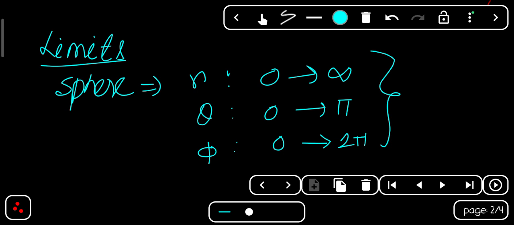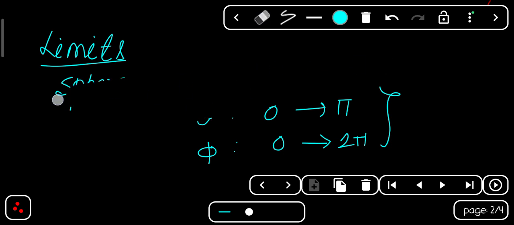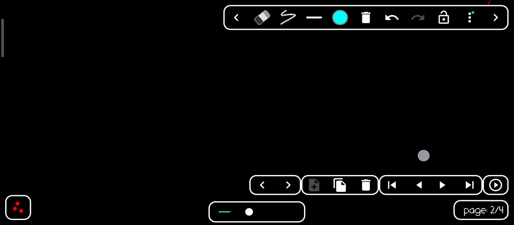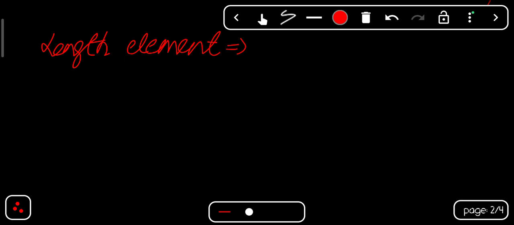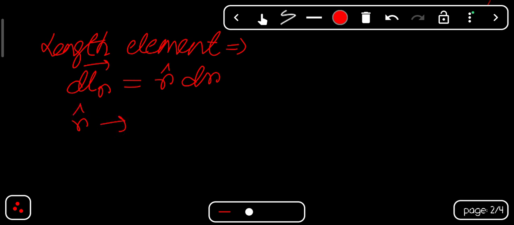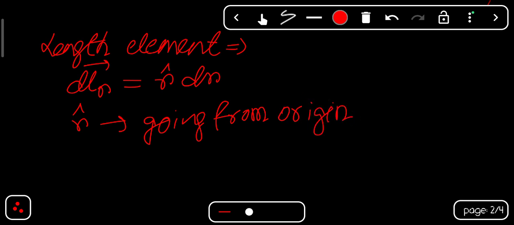Now as usual we have to understand the length element, surface element and volume element. Let me write down the length element. First of all, the length element along the r direction will be dl_r equals r cap dr, and we have already discussed that r cap goes from the origin, that means outward.